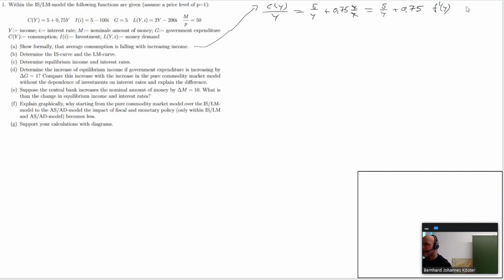If I only pose this question, show that this is the case, then of course you can do it mathematically: you calculate the first derivative, and this is minus 5 over y squared. This is of course smaller than 0 because of the minus sign in front of it, because we do not deal with negative incomes in this case, as this makes economically no sense. Therefore it is a monotonic decreasing function.